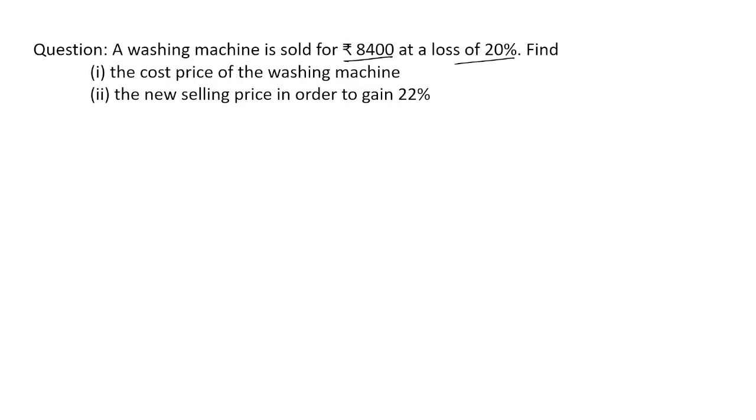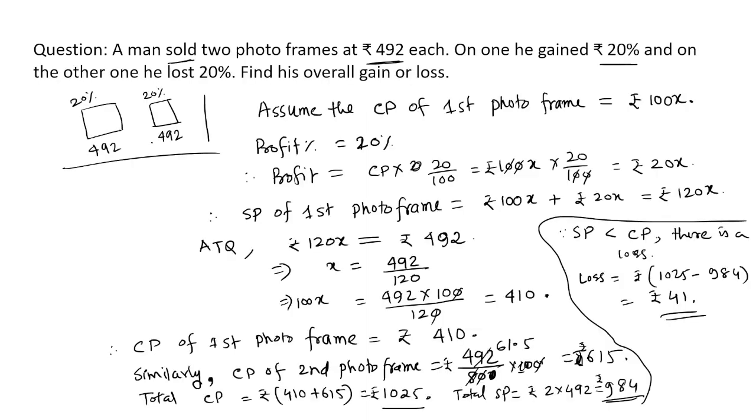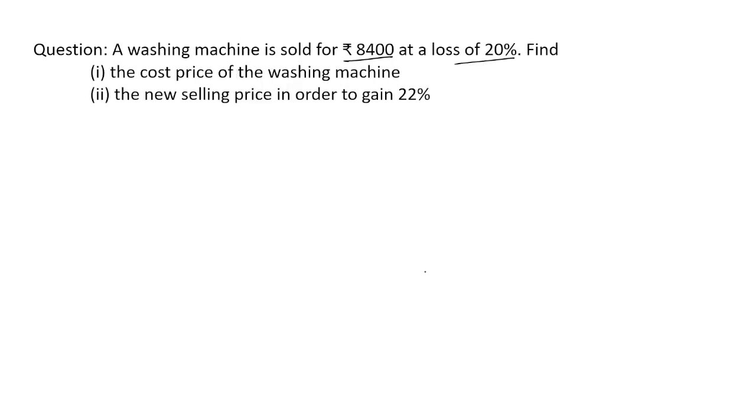If the SP is given and the loss percent or profit percentage is given, then the formula for the CP, that's how we find this formula from the unitary method. So the formula for the CP equals, okay, now look carefully.